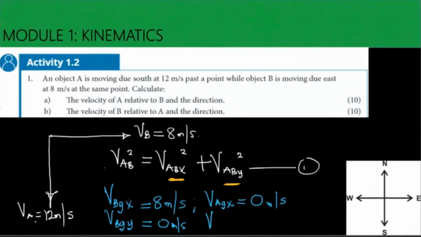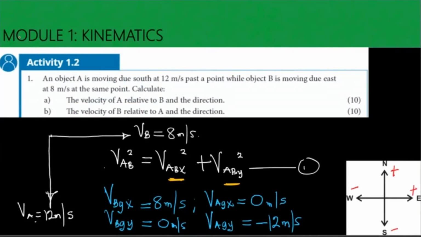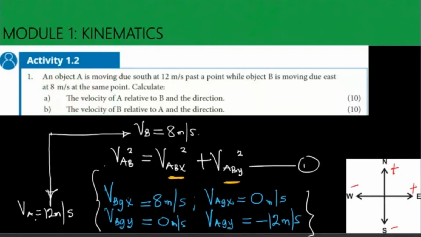The velocity of A relative to the ground on the y-axis is going to be minus 12 meters per second. Take note that I said there are signs attached to the four cardinal points, negatives going towards the southern direction. So these are the parameters that you are going to use to do your calculations. You understand now?